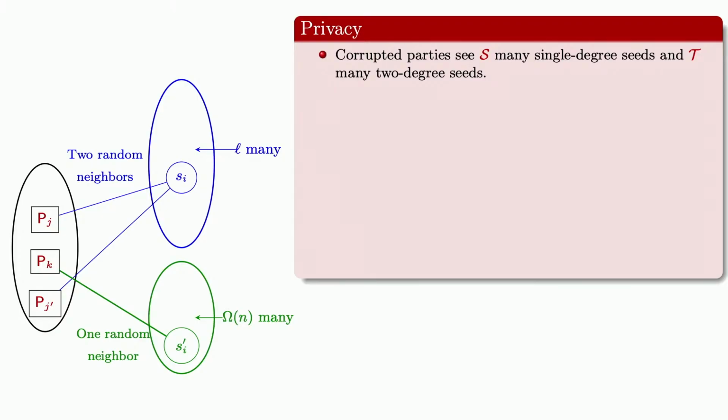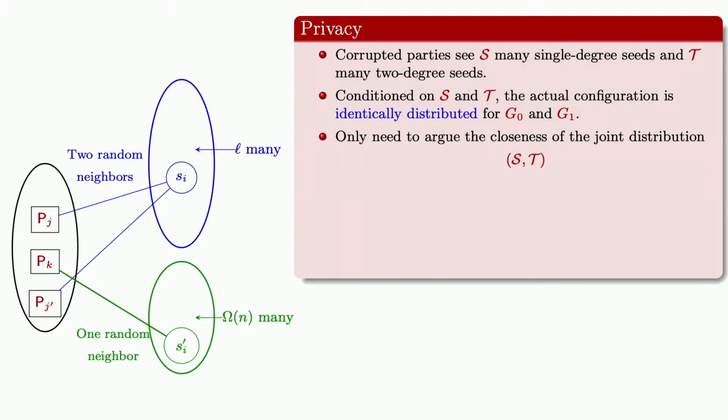So the first thing to notice is that you only need to care about how many seeds you see once and how many seeds you see twice. Conditioned on those counts, the actual configuration of the distribution is random for both G0 and G1. So we only care about how many seeds you see a single time and how many you see twice. I denote them by S for the single-time seeds and T for the seeds you see twice.